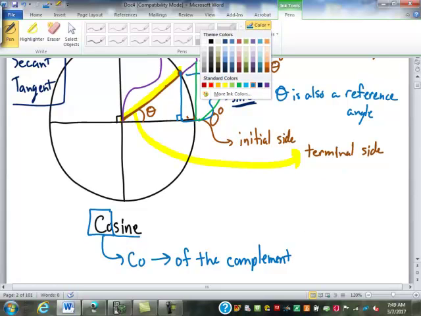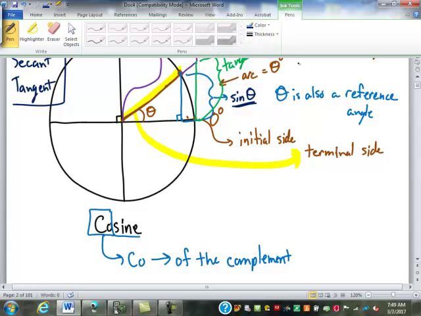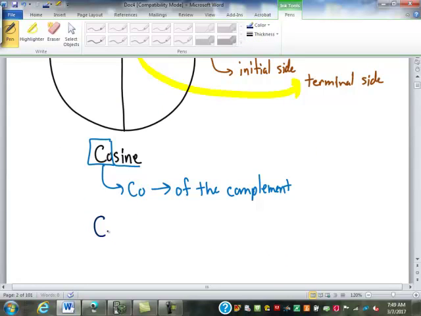So the cosine of an angle is asking, let's say if I ask for the cosine of 30 degrees, what that is asking for is the sine of the complement of 30, 60 degrees.